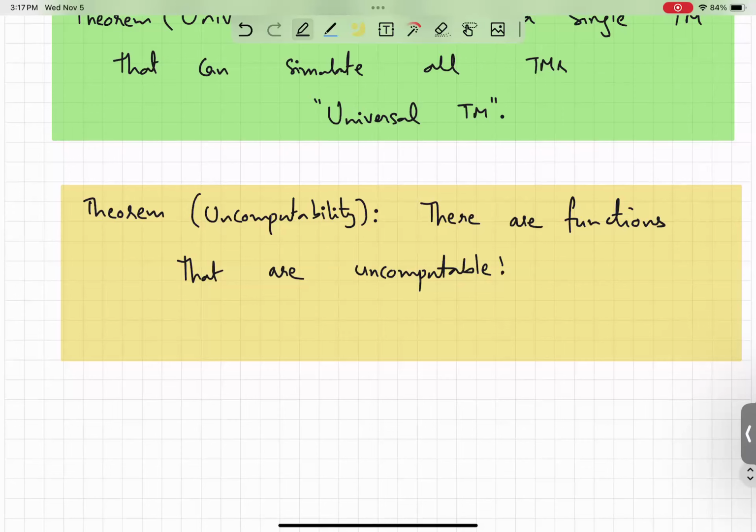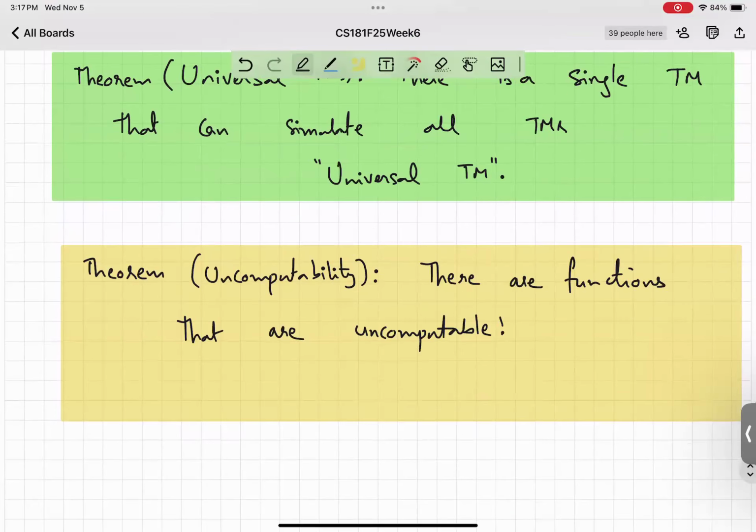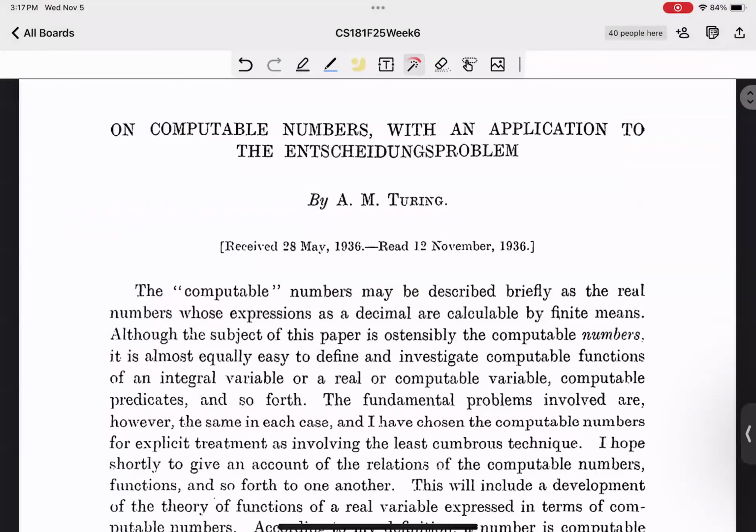Okay, so these are kind of two of the greatest hits, really, and they're all in this paper. So this paper defined what a Turing machine is, showed a universal Turing machine, and also showed that there are uncomputable things.